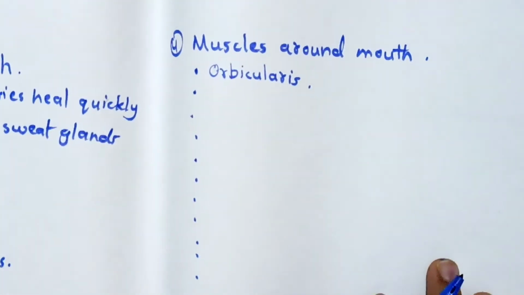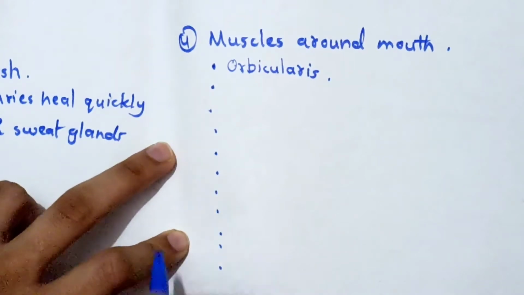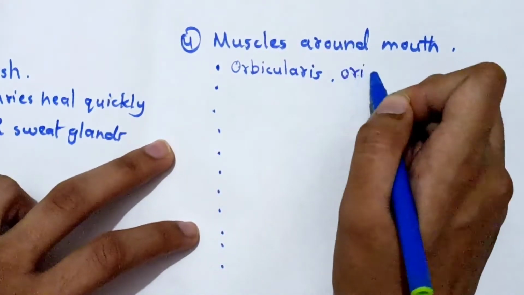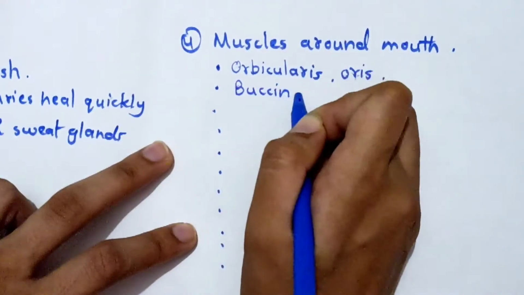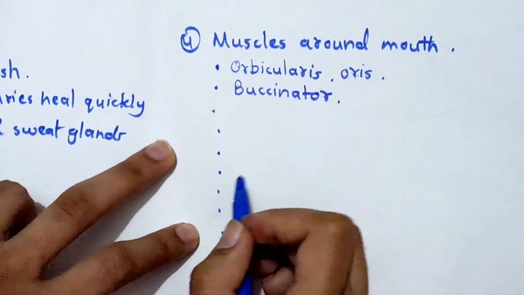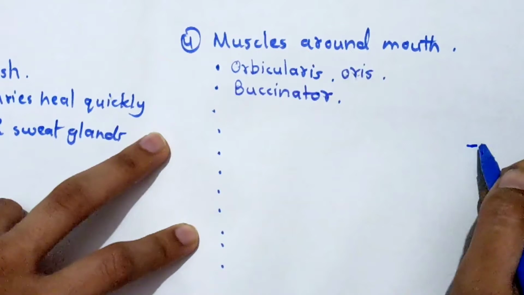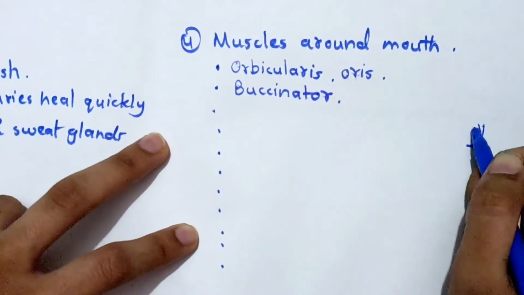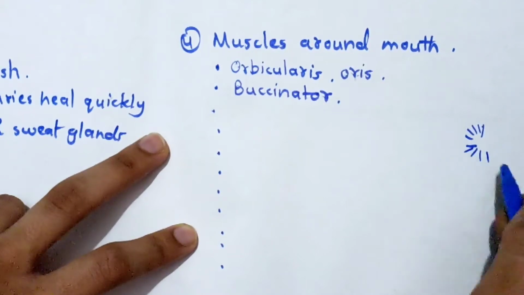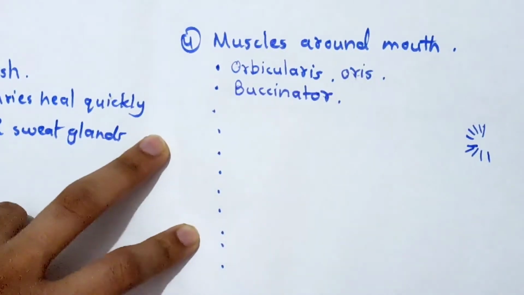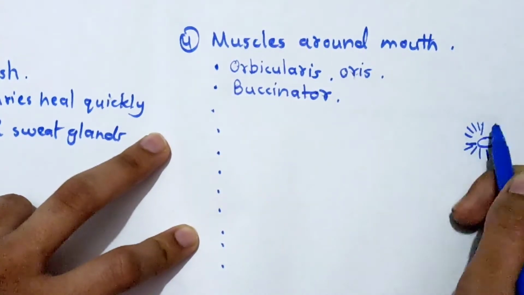Now let's move to the muscles around the mouth. Around the eyes we have orbicularis oculi; here we have orbicularis oris. Then we have buccinator in the center. We have 5 muscles above the buccinator and 3 or 4 muscles below it. Excepting the orbicularis oris, we have a total of 10 muscles.